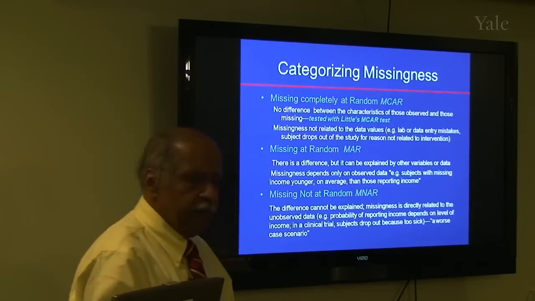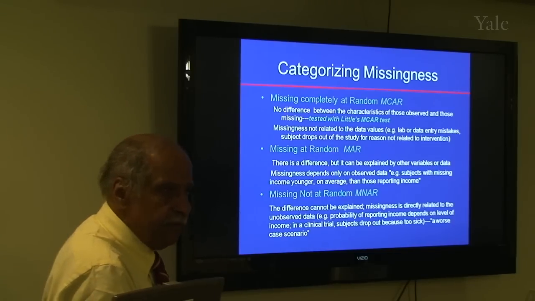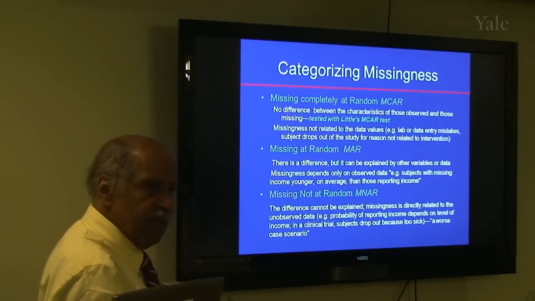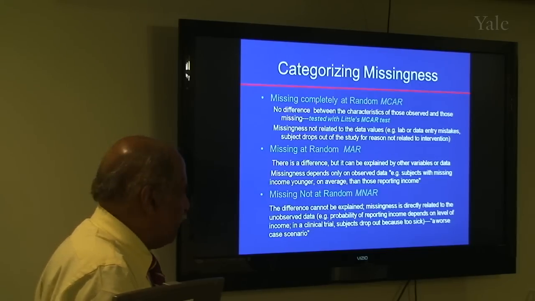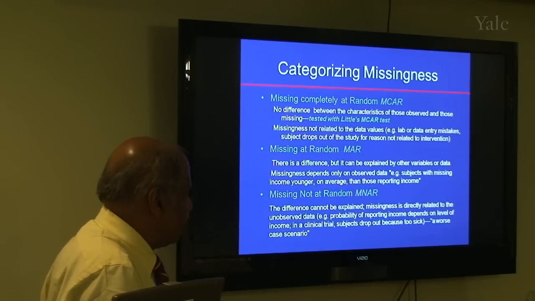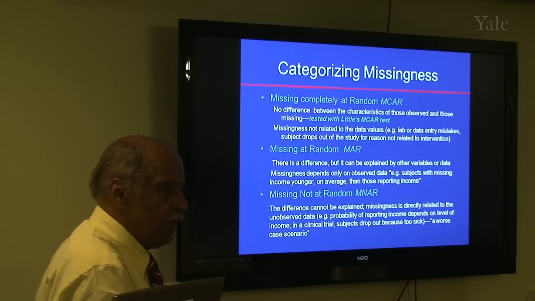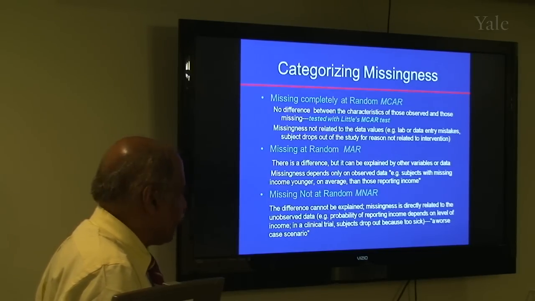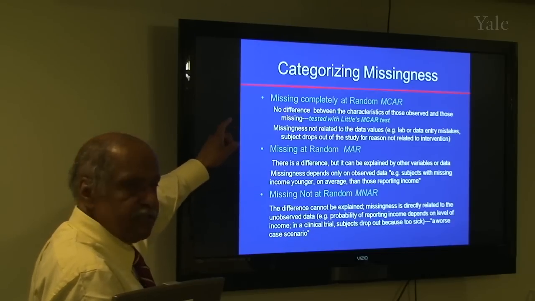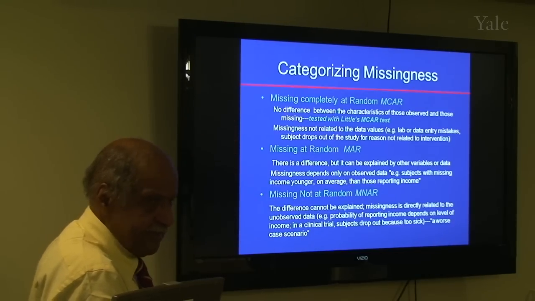Either the graduate student left part of the book on the train, or errors in lab results, entry mistakes, or subjects in longitudinal studies drop out of the study for reasons not related to the intervention, outcome, or other variables, okay? And that is sort of the gold standard. This is what we want, basically, hopefully, to detect.